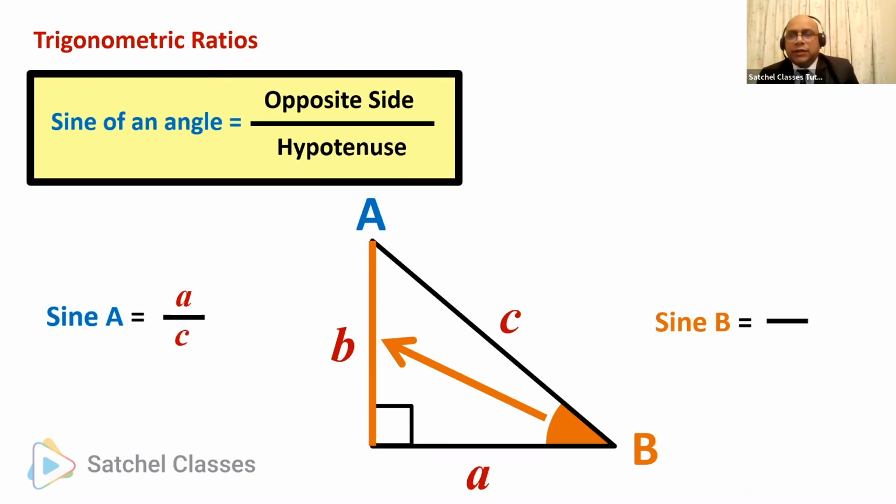So that goes into the numerator, and the hypotenuse, which is c, goes in the denominator, right? So while sine of A is a over c, sine of B would be b over c. Now this is the first trigonometric ratio. Sine of an angle is also written as sin, S-I-N in short.